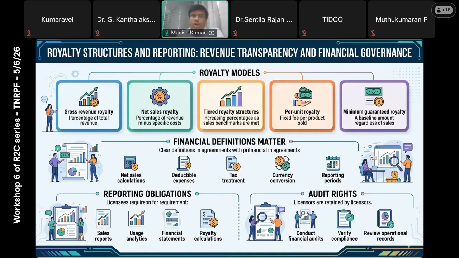Or you can give them a target: if you do the first 1,000 unit sales, this will be the royalty. If you do more than that, I'll take a lesser royalty, because you have done more sales, which means I am getting more money. That way you can structure it, and it encourages the company to do more sales and return more money to you. You can also do a per unit royalty, a fixed royalty kind of thing.